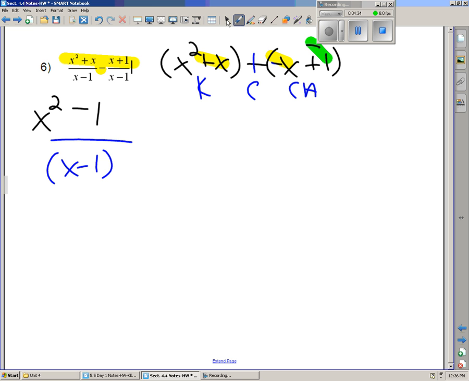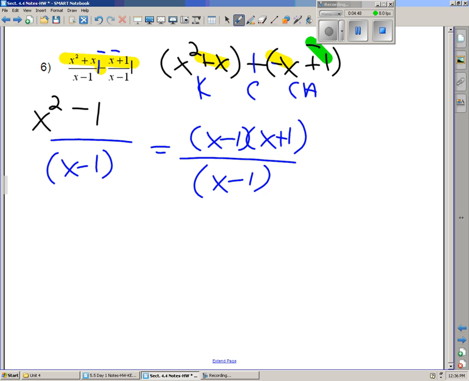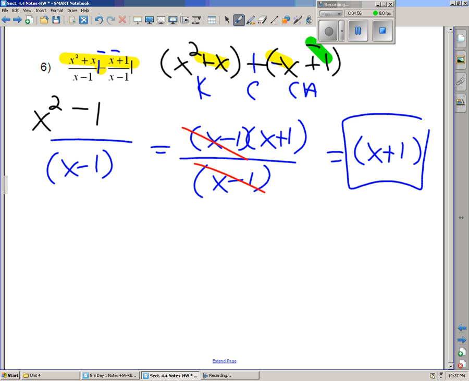It's like doing keep, change, change all, and then combining like terms. Well, it turns out that I can factor that numerator. It's a difference of squares problem. x minus 1, x plus 1, over x minus 1. These are common factors. And your final answer is x plus 1.